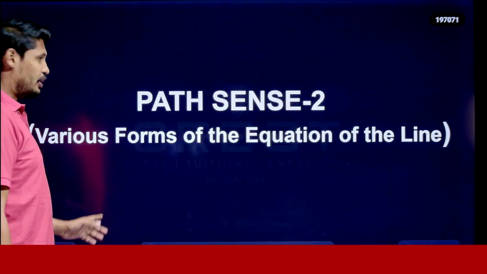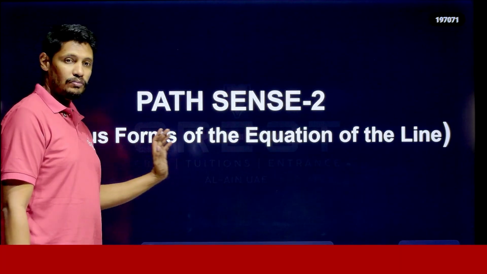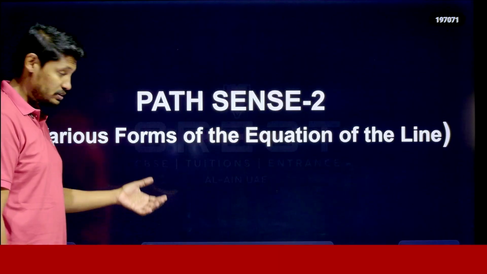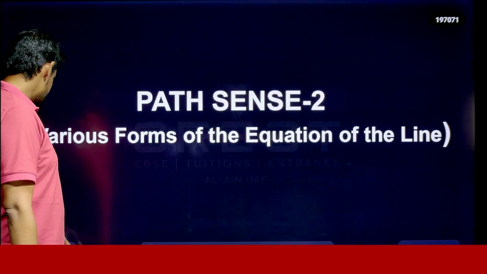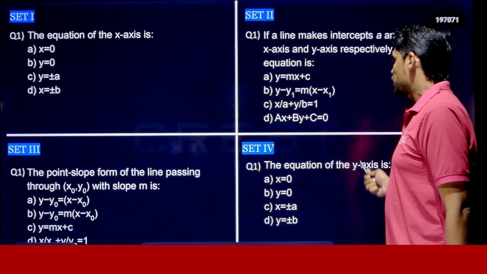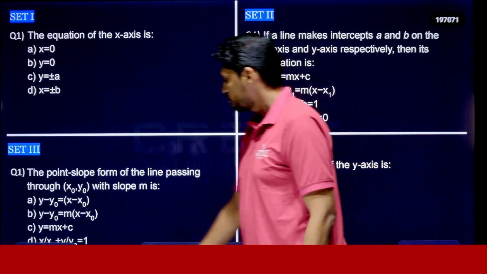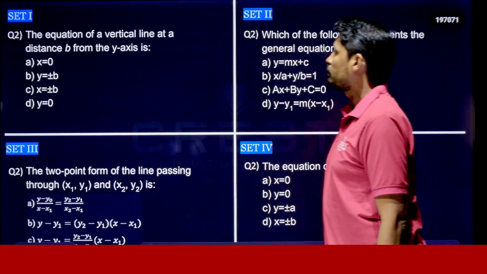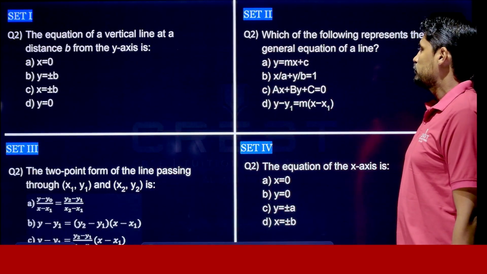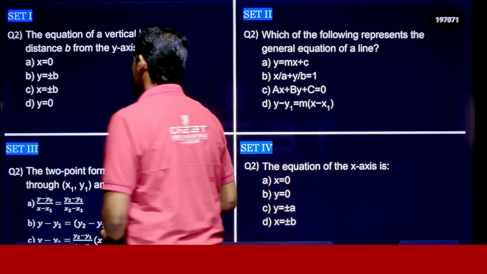Fine. Now we have some MCQ questions based on the topics, the various forms of the equation of a line. You can answer the questions and comment the answers. These are the questions. You can go through them. This is the second question.